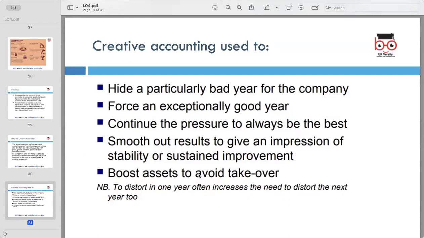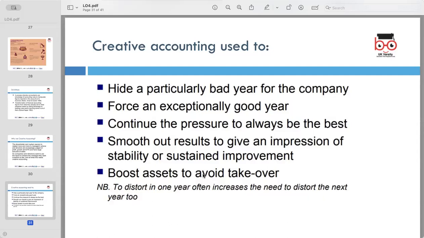So, boost assets to avoid takeover. Creative accounting is used to boost assets artificially, making the company appear more attractive and less susceptible to takeover attempts.